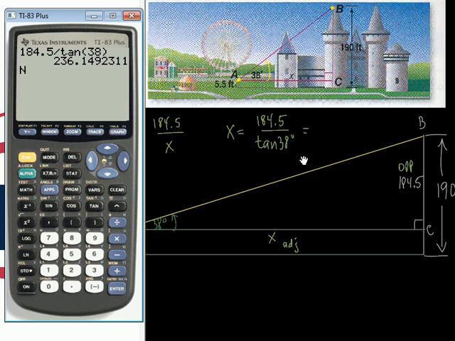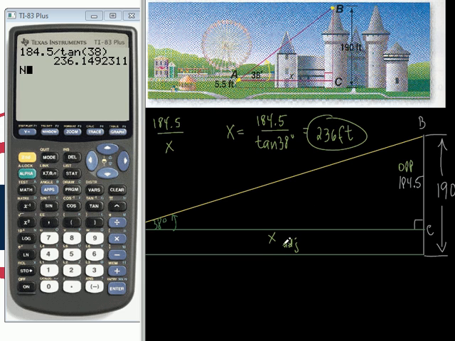So we come back over here, and that would be 236. Now it actually says round it to the nearest foot, so we're not even going to put the 0.1 because the 0.1 doesn't round up. We'll just keep it 236. So 236 feet, because it does say round it to the nearest foot.